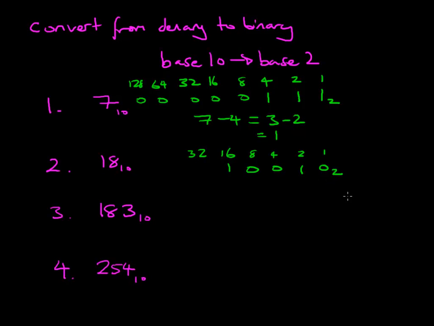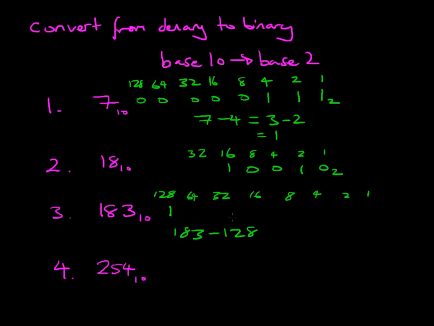Now we want 183, big long number, so 1's column, 2's, 4's, 8's, 16's, 32's, 64's, 128's, and then we don't need the 256 beyond that. So we're only dealing with 1 byte here. So 183, well, we've got 128. So we can take 183 minus 128.